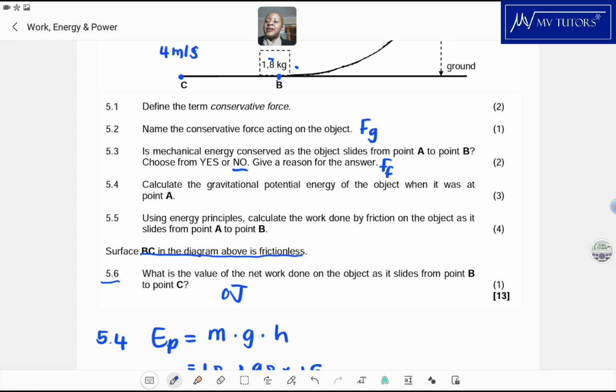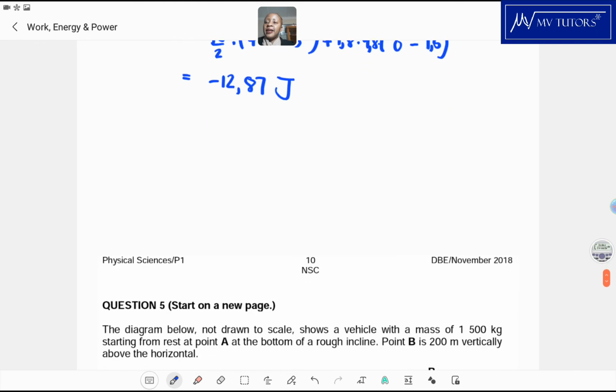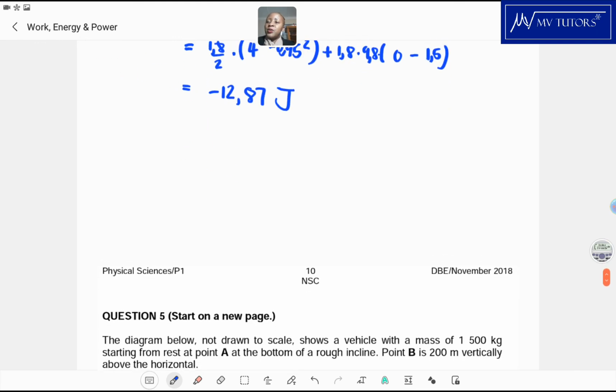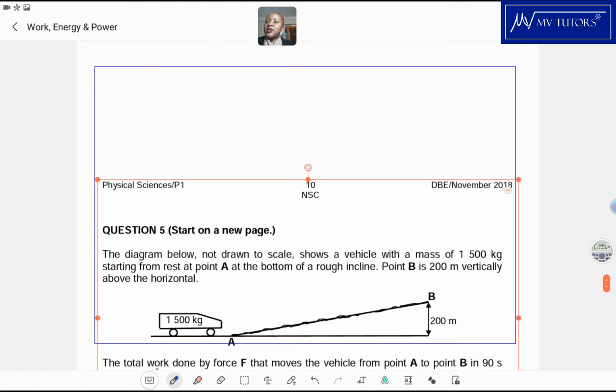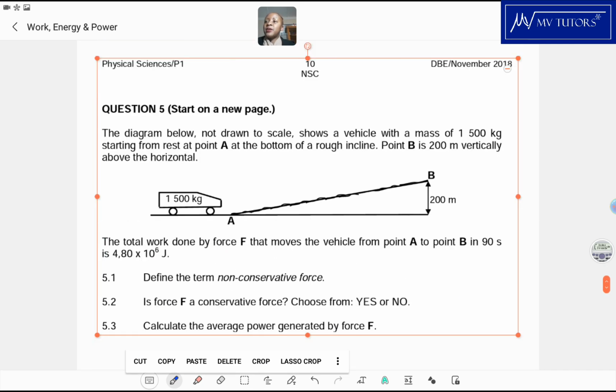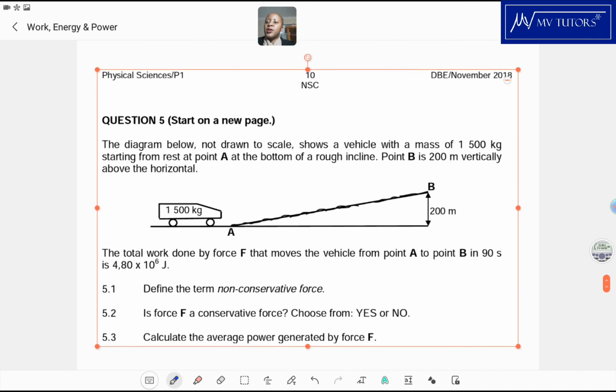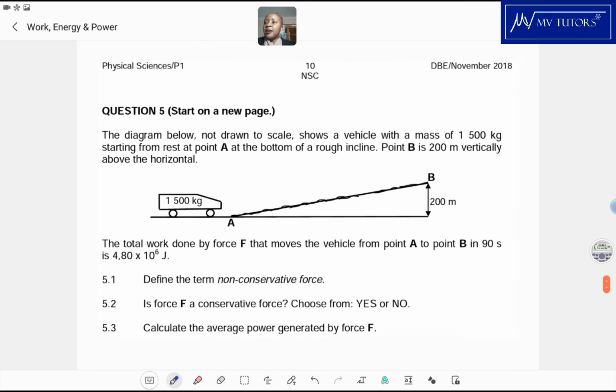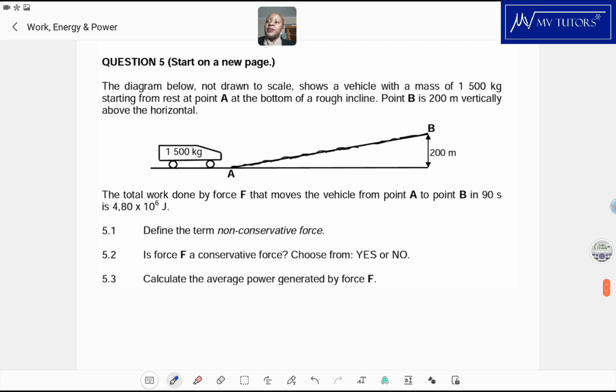Okay, so I went ahead and looked for a paper where there's at least something to do with power, so that you can see what kind of questions they would ask concerning power. Looking at the 2018 paper, the diagram below shows a vehicle with a mass of 1,500 kilograms, starting from rest, so we know that the initial velocity is 0 meters per second.